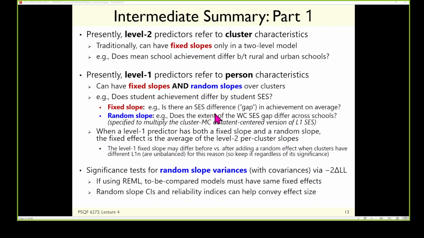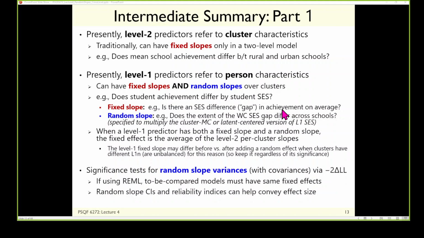The fixed slope is: is there a relationship on average? Do students with more money have better achievement? Or the way that it's usually phrased is, do students with less money have lower achievement? Like a gap of performance, some kind, or a disadvantage. So if there is a disadvantage related to money, on average, that's your fixed effect. Does the extent of that disadvantage depend on what school you go to?